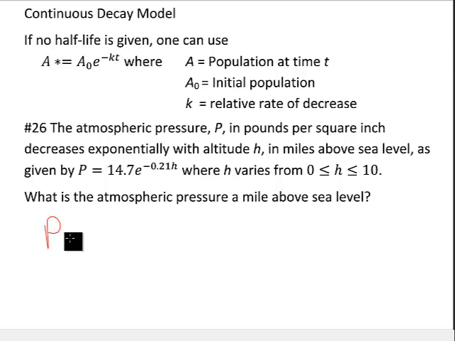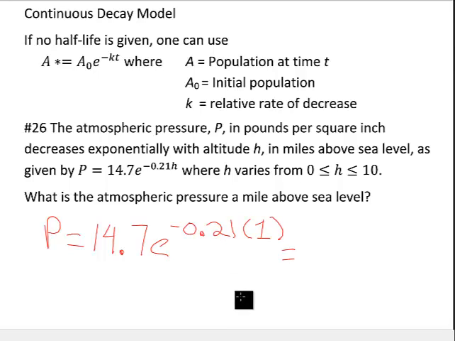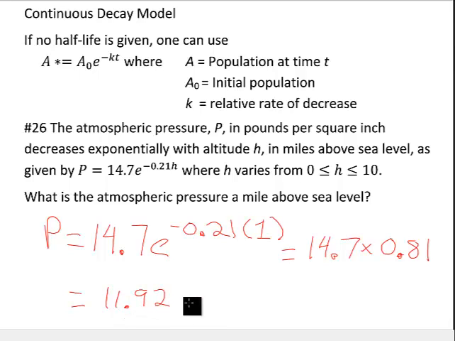So we find the pressure P at 1 by taking 14.7 times e to the negative 0.21 times 1, which doesn't do a whole lot. We take e to the power of negative 0.21, and we get 14.7 times 0.81, and finally that calculation gives us 11.92 pounds per square inch.